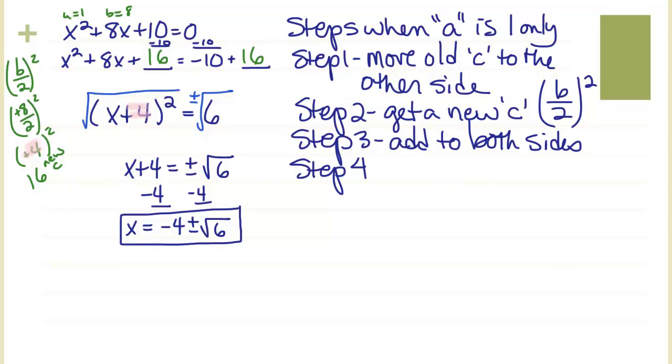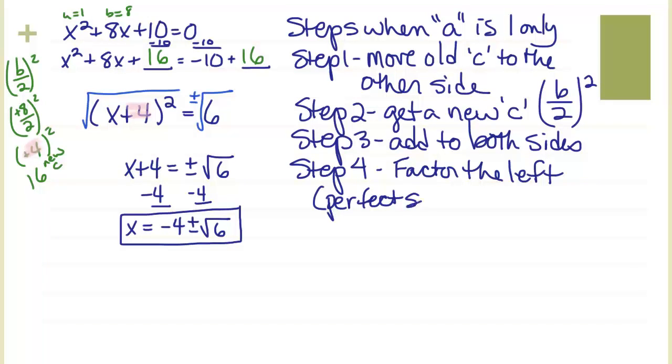Step 4, we're going to put the left and the right work both in step 4 because I always do them at the same time. So step 4, factor the left, right? It's going to be a perfect square trinomial. And you're always going to have two things to add together on the right, so simplify the right.